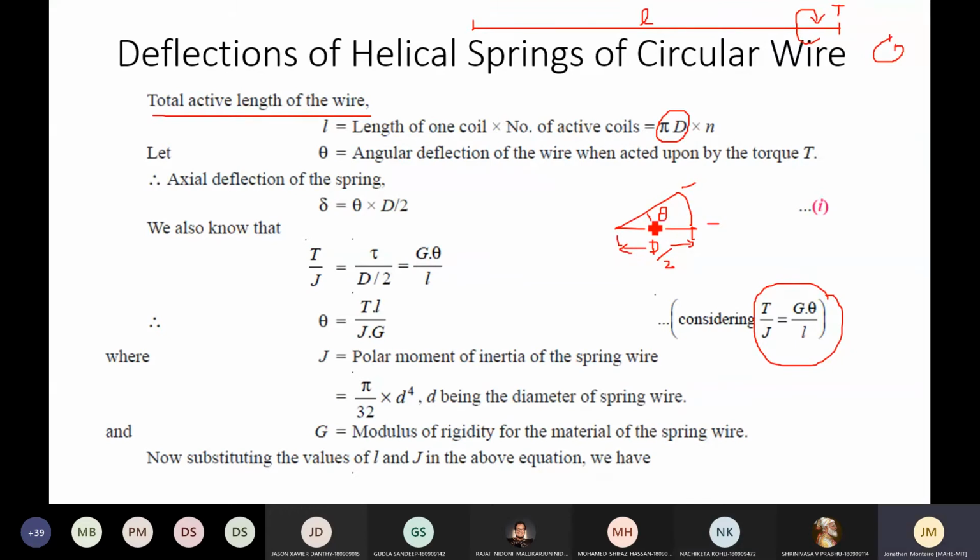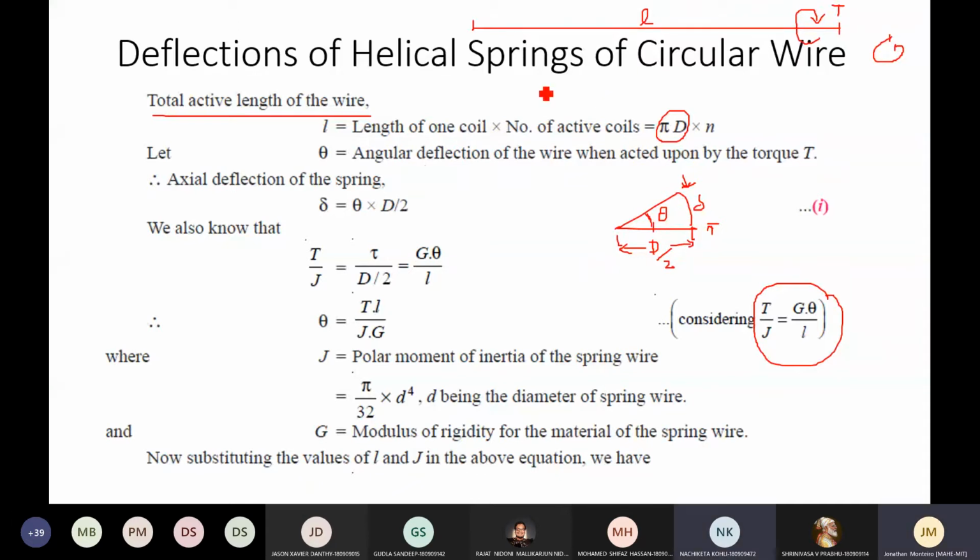The spring will deflect by an angle theta, so theta into d by 2, this is delta. Delta is equal to theta into d by 2. Got it? But sir, isn't the deflection an axial measurement?